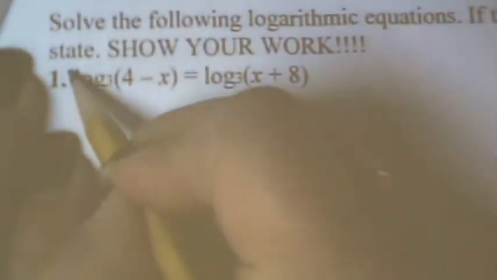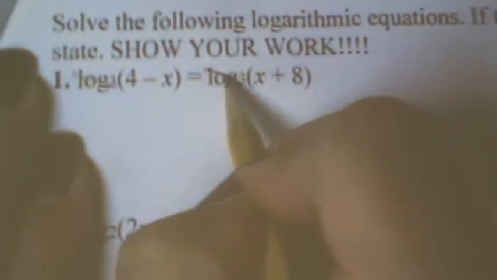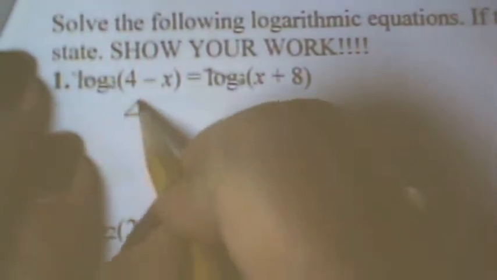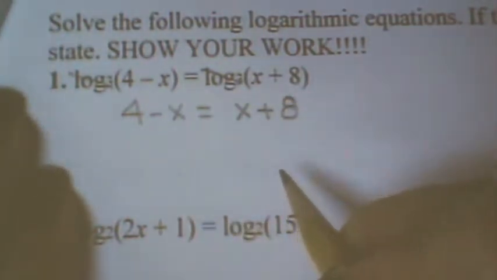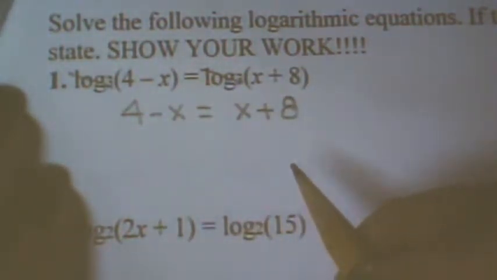So, show me how to do number 1. Tell me, what would you do? Cross these out. We have 4 minus x equals x plus 8. Now, how do you solve this equation? Add x.